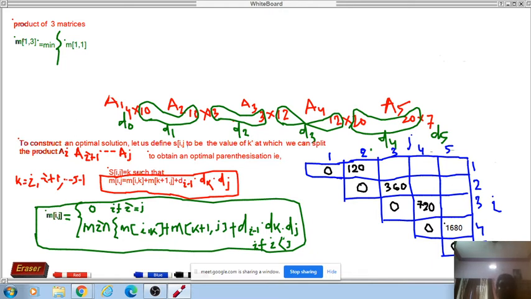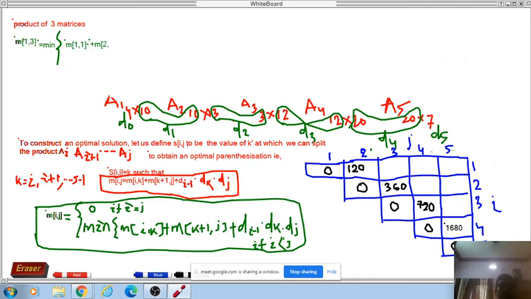So M of 1, 1 plus next, what will I write? M of 1, 1 plus M of, who can say what I will write? M of k plus 1. k plus 1 is how much? 2, comma, j.